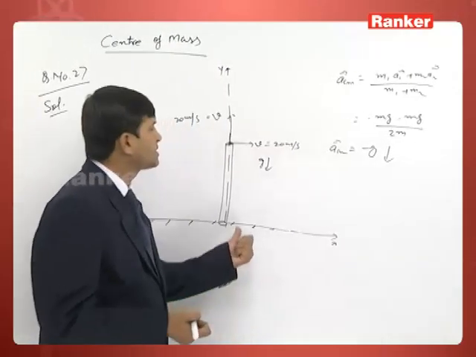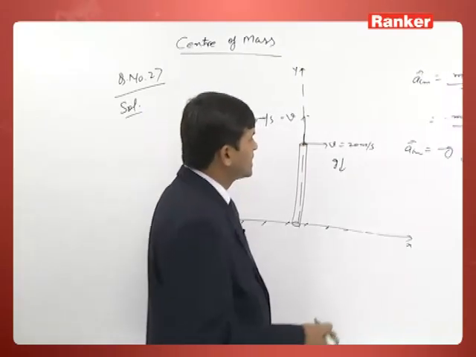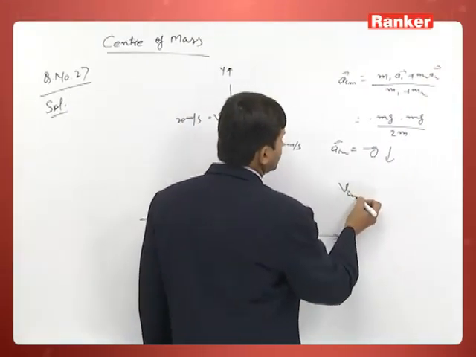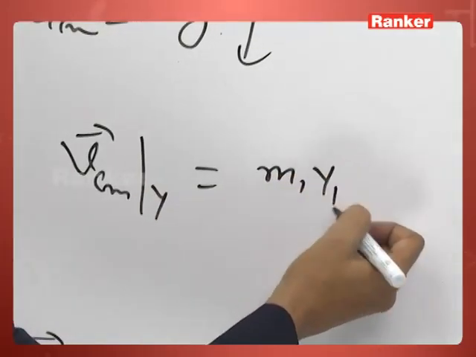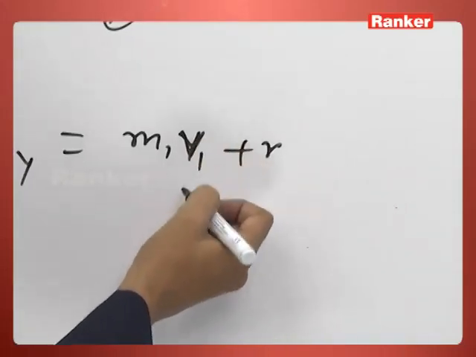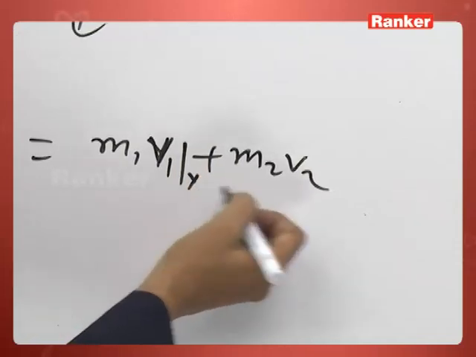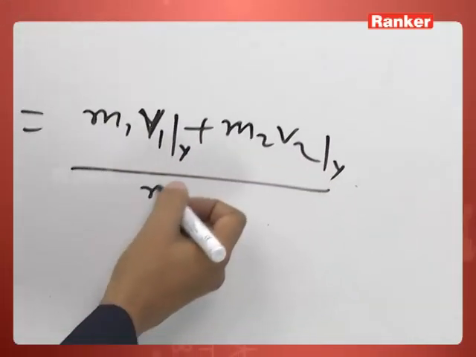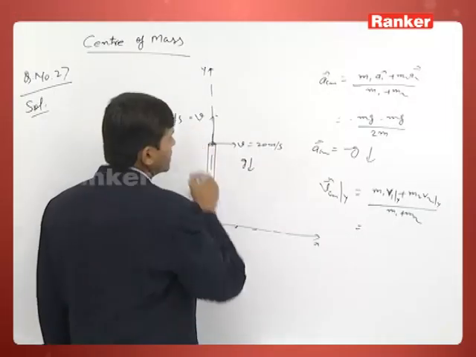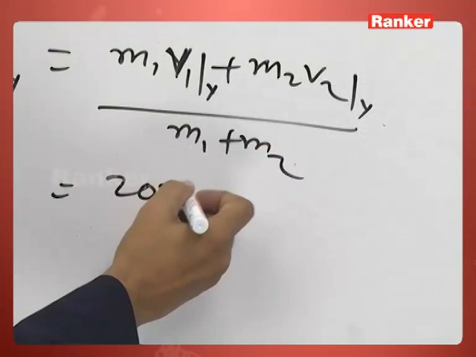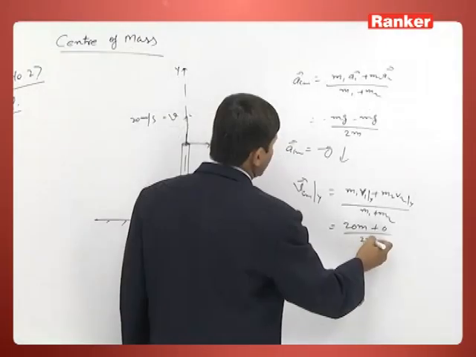Now next we can get the vertical velocity of the center of mass, V_CM in the y direction, which is (m1 v1 plus m2 v2 along y) by (m1 plus m2). The first has a velocity of 20 up, so 20 into m, plus the other has 0, divided by m1 plus m2, or 2m.